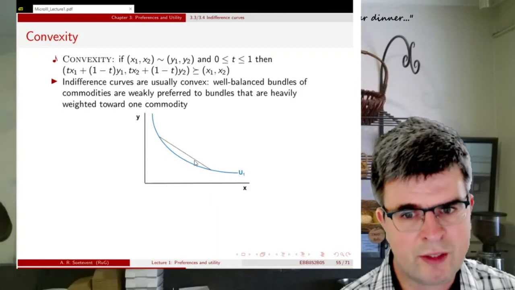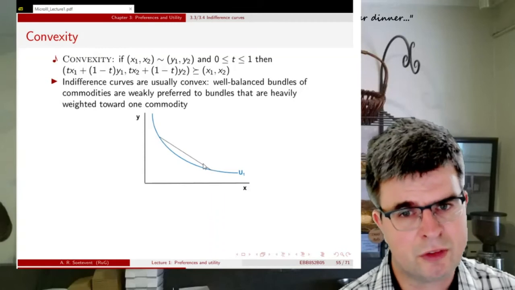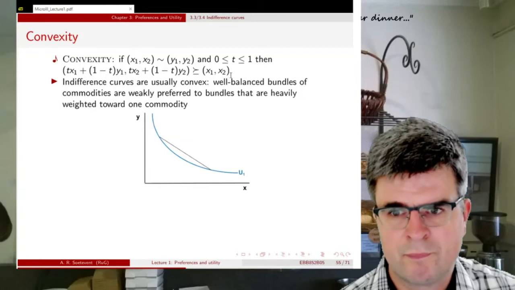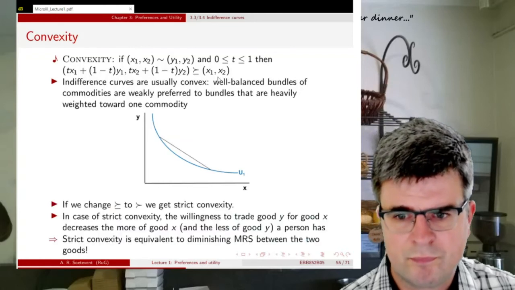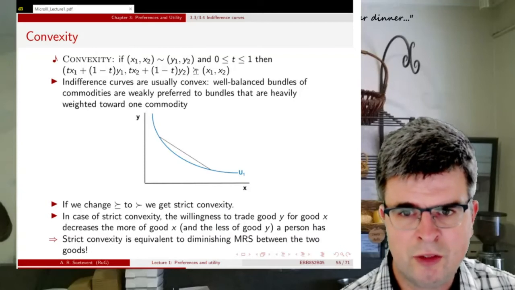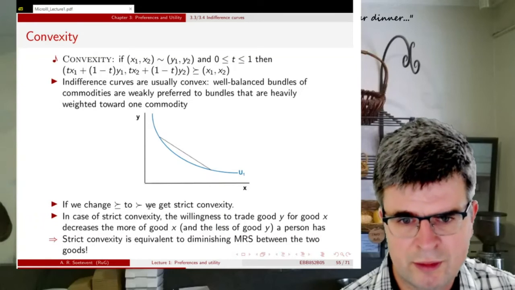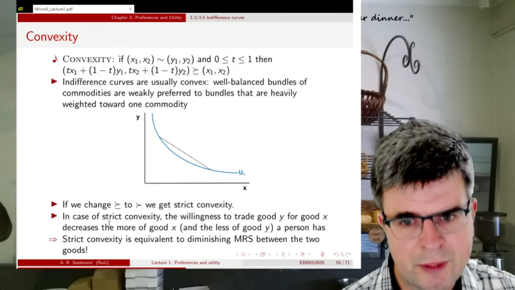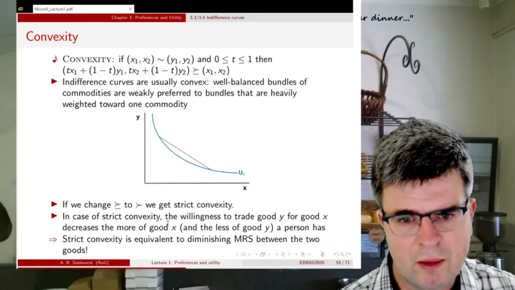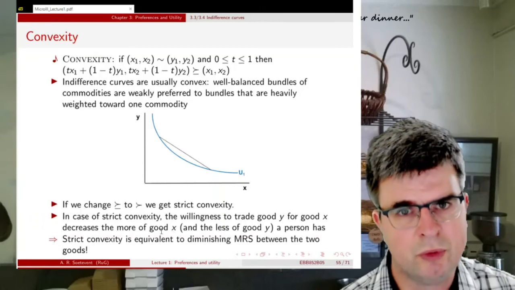And if the convexity is strict, these points must be on higher indifference curves than the indifference curve U1. So this is weak convexity. If we change the weak preference relation here to strict preference, then we get strict convexity. And in case of strict convexity, you have diminishing marginal rates of substitution between the two goods.